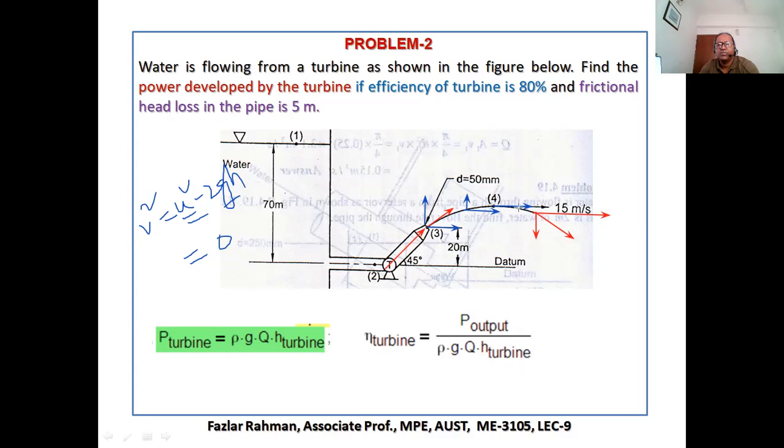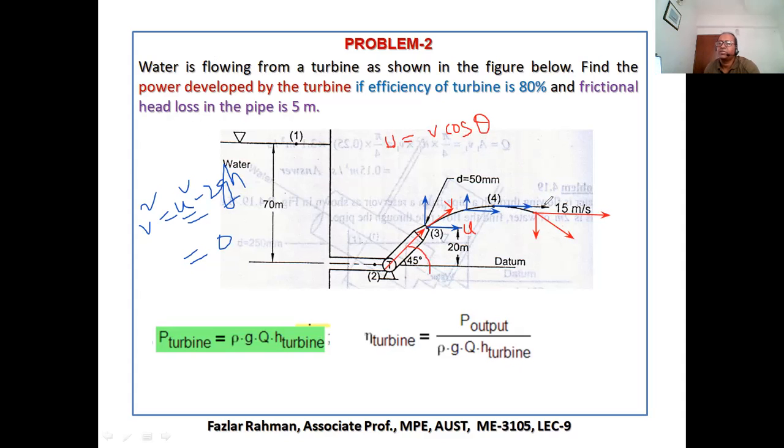So you see, the horizontal component of this velocity is not changing. What is the value of this horizontal component? If I say this is U and this is my V, then U equals V cos 45, or V cos theta, if this angle is theta.